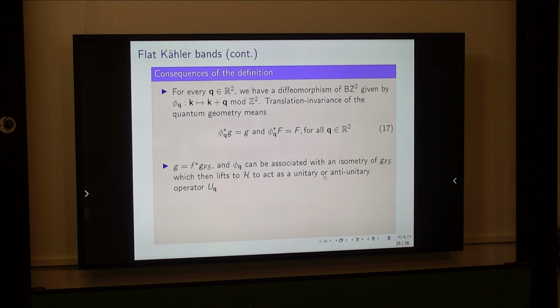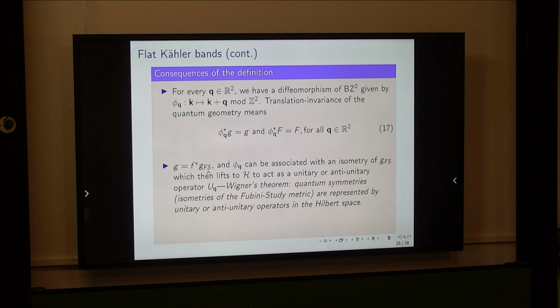to act as a unitary or anti-unitary operator U_Q. And this is an instance of Wigner's theorem, that the quantum symmetries, which essentially have been shown to be isometries of the Fubini metric, are represented in Hilbert space by unitary or anti-unitary operators.